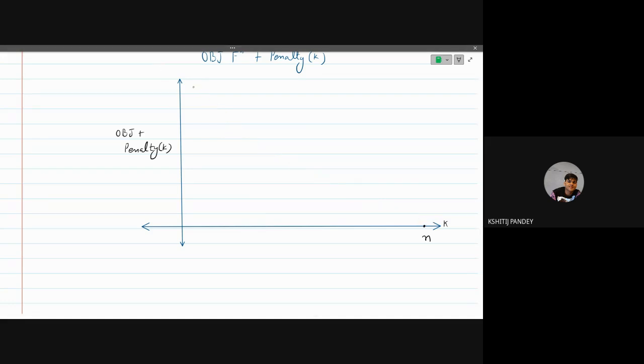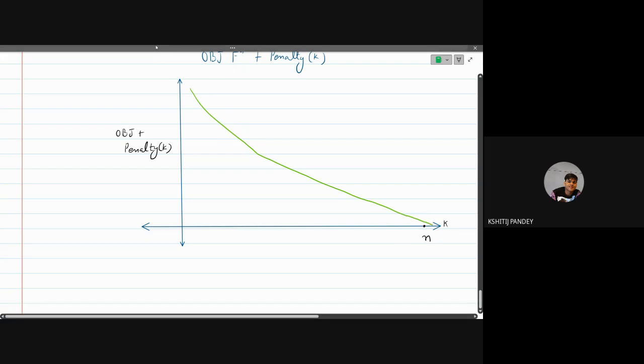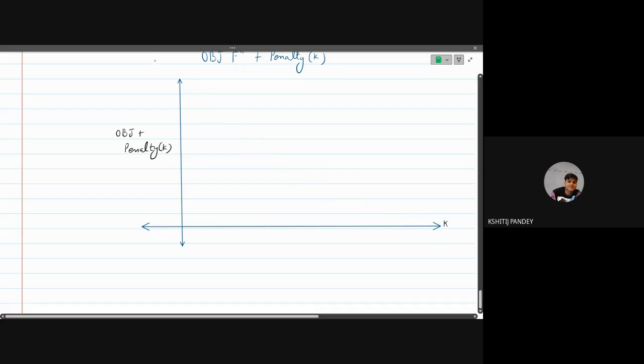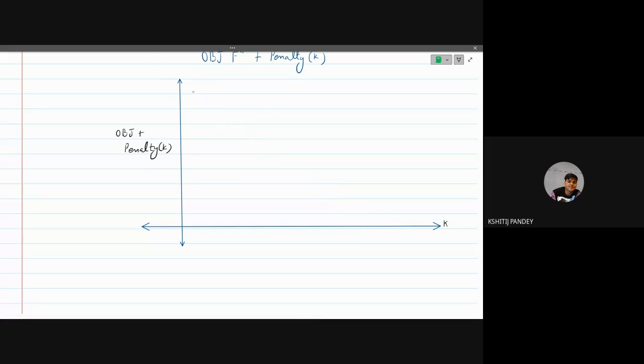First of all, let me draw the graph. After that, we'll put the point. Let's say this is the value of k equal to n, and this right here is equal to 1.